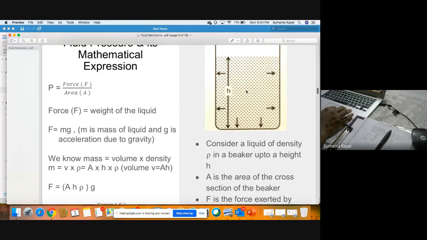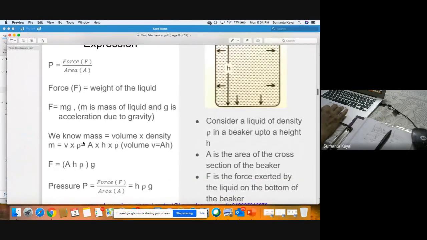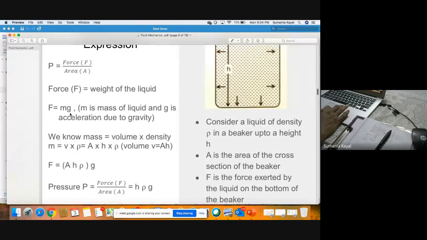If we ignore the force of our atmosphere for the time being, the force here is just the weight of this particular liquid in that container, which is filled with some depth H. Now if m is the mass of that liquid, then due to gravitational acceleration, mg will be its weight. We all know that. So F equals mg.